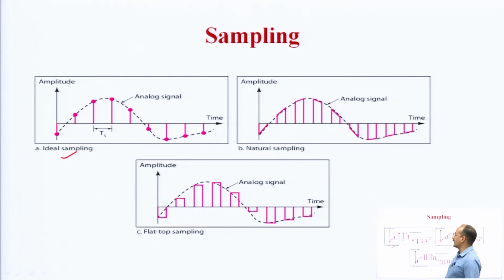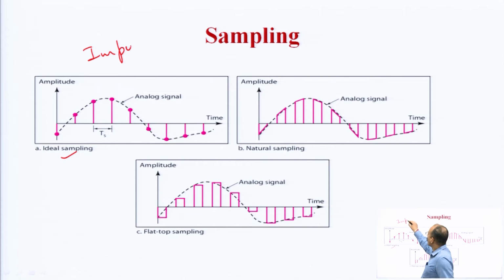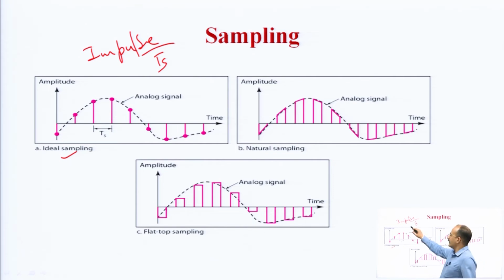This is representing the ideal sampling. You can see here we are using impulse train of Ts interval. For each Ts interval you are getting the samples.